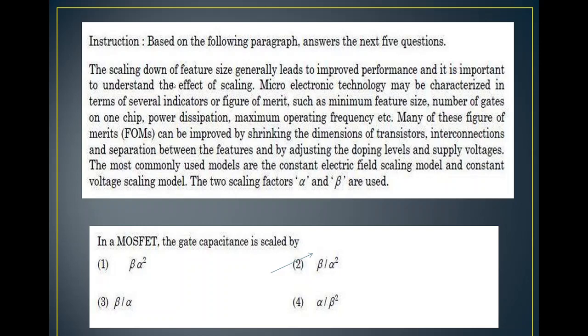Microelectronic technology may be characterized in terms of several indicators or figures of merit, such as minimum feature size, number of gates on one chip, power dissipation, maximum operating frequency, etc. Many of these figures of merit can be improved by shrinking the dimension of transistor interconnections and separation between the features and by adjusting the doping levels and supply voltage.